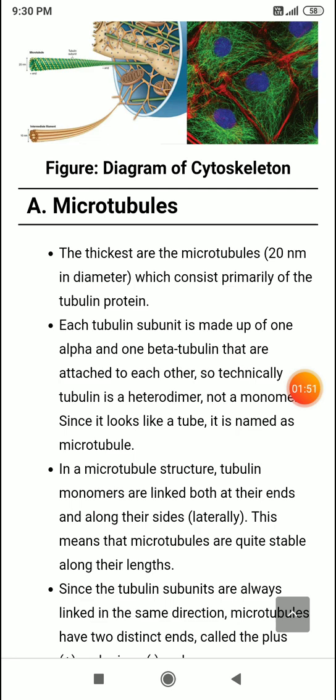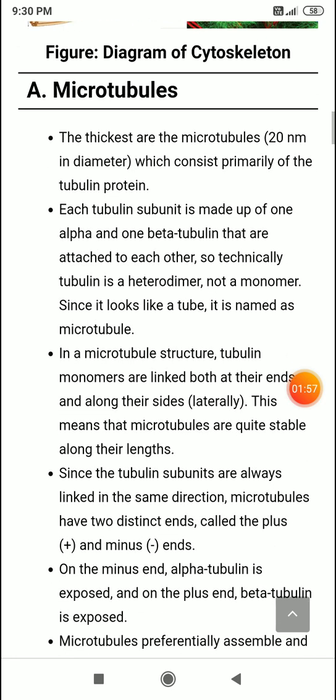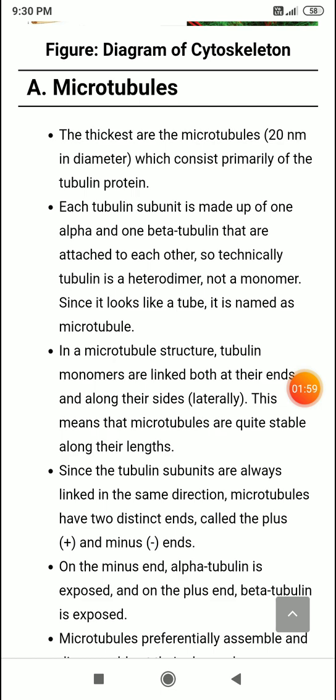So technically tubulin is a heterodimer, not a monomer. It looks like a tube, so it is named microtubule.